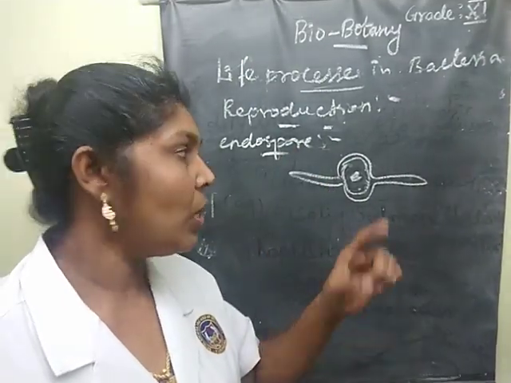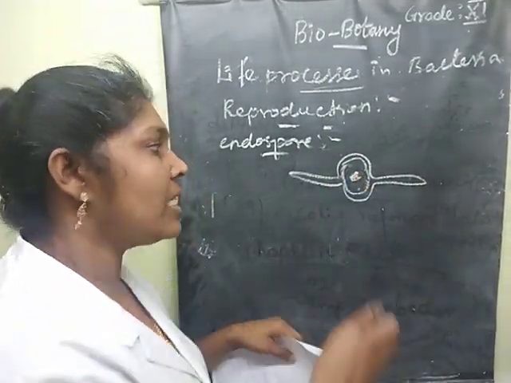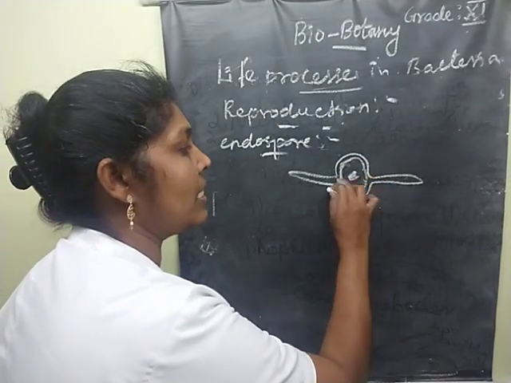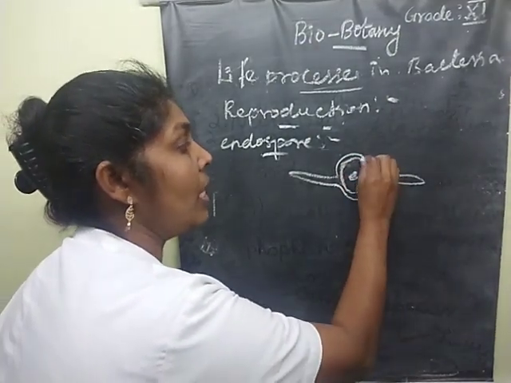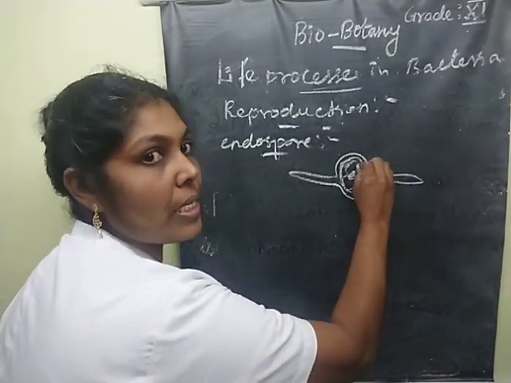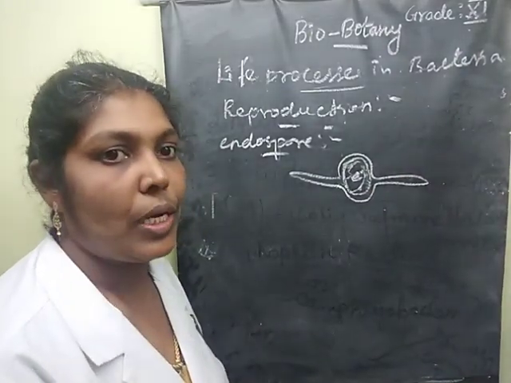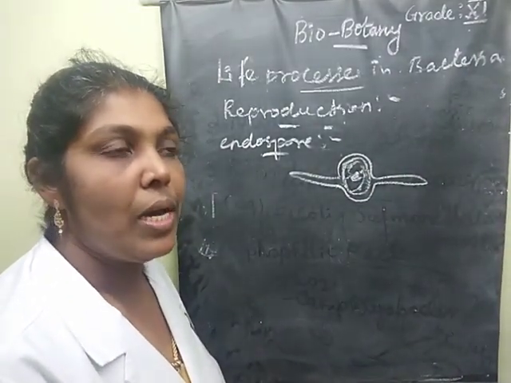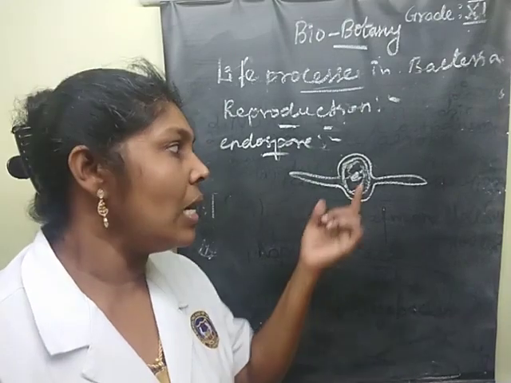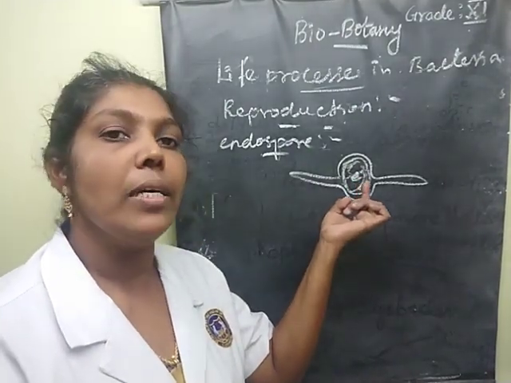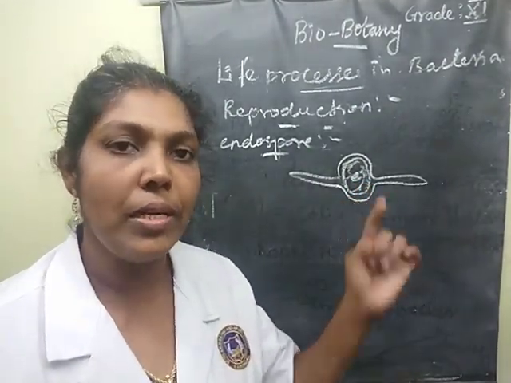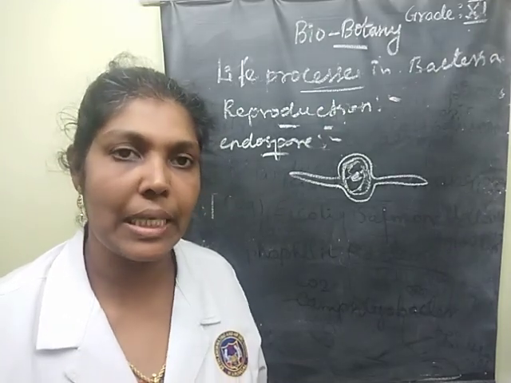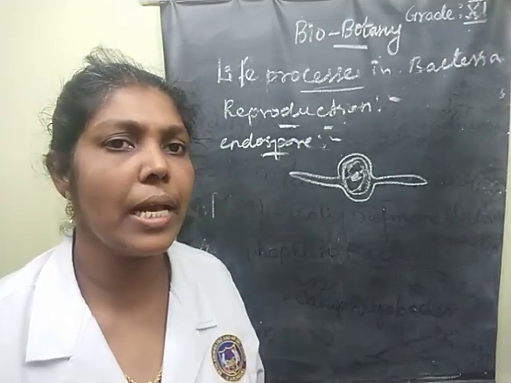What is an endospore? The thick-walled resting spores. What is that, children? Endospores. Understood now? Then only under favorable conditions can these endospores germinate and form the full bacterial cell. Understood? Say yes or no?